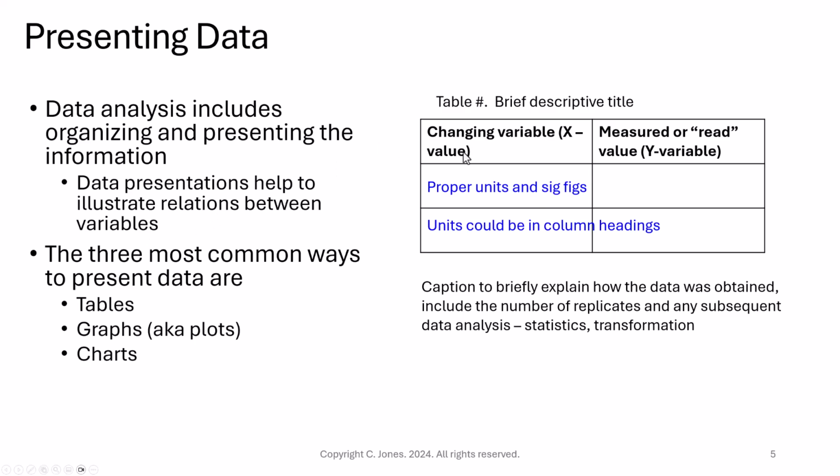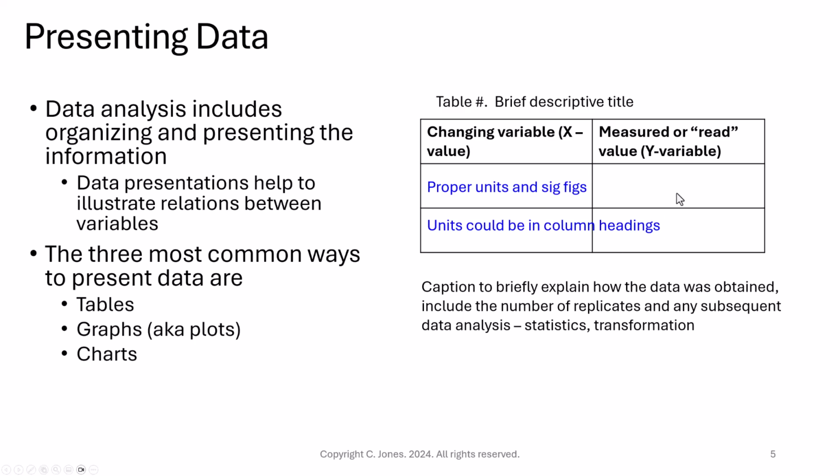Normally in the first column we put the X value, the independent variable, and in the subsequent columns we put the measured variables. All the data in the table should have the proper units and the proper number of significant figures. We could include the units in the column headings, okay? So this could be time, and this could be moles of product, instead of having to write it into each individual entry.